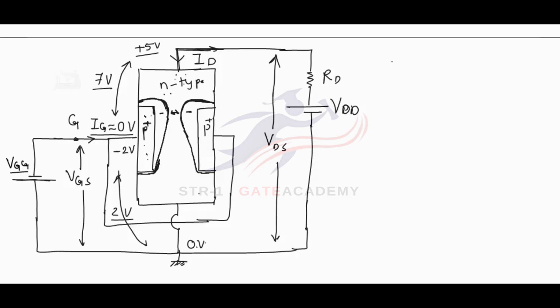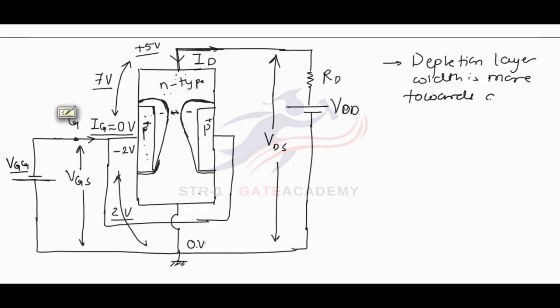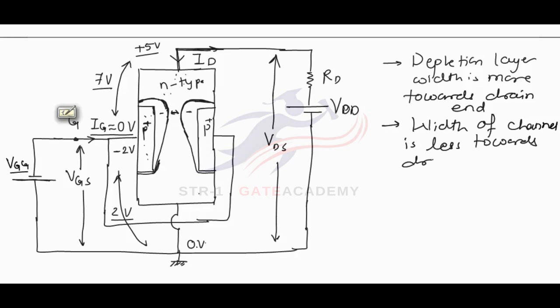So we can say that depletion layer width is more towards drain end, and width of channel, that is region between two depletion layers, is less towards drain end.